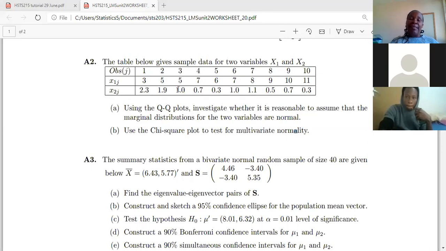We expect that if we plot these observed values for x1 against the quantiles, assuming that they follow a normal distribution, corresponding to the cumulative probabilities, then we can assume that it's multivariate normal.